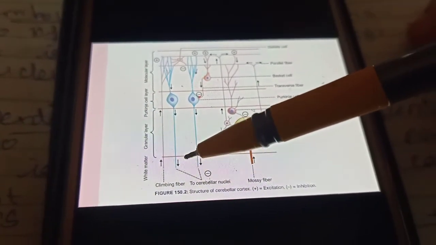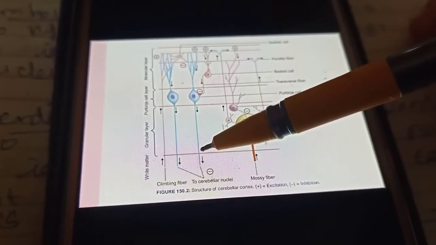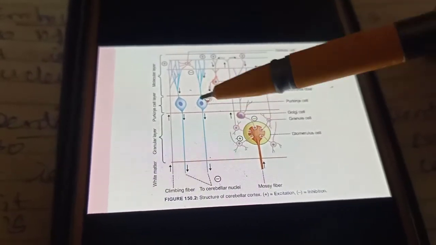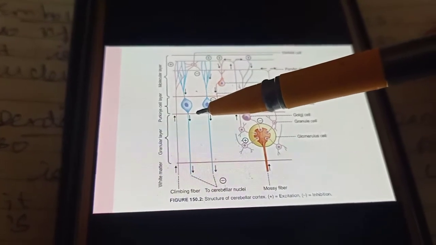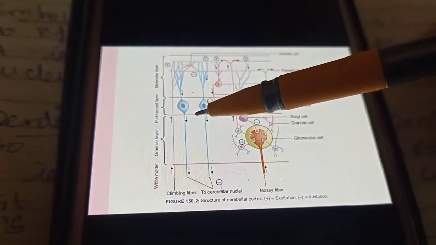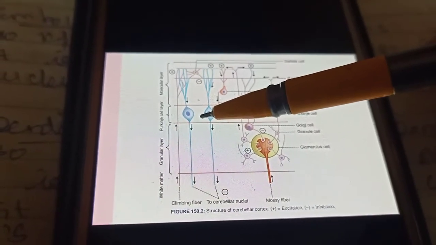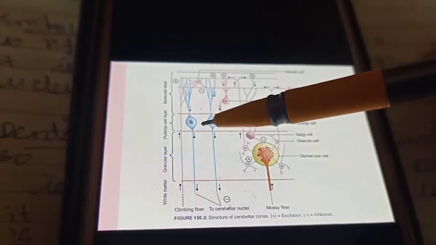The Purkinje cells are termed as the final common path of the cerebellar cortex. It is because the impulses from the different parts of the cerebellar cortex are transmitted to the other parts of the brain only through Purkinje cells.